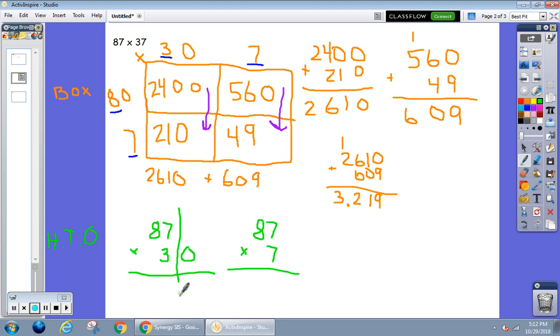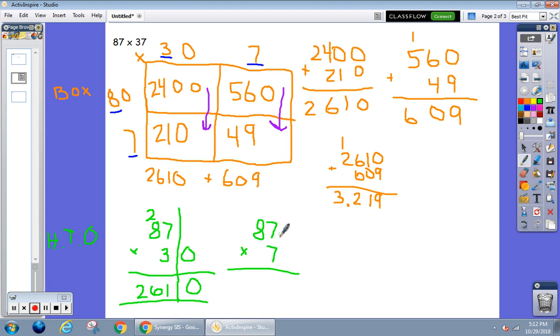So now I can bring my 0 down, hang the 0. 3 times 7 is 21. 1 down here, 2 up top. 3 times 8 is 24, plus 2 is 26. So now what I have here is 2,610, just like I have up here.